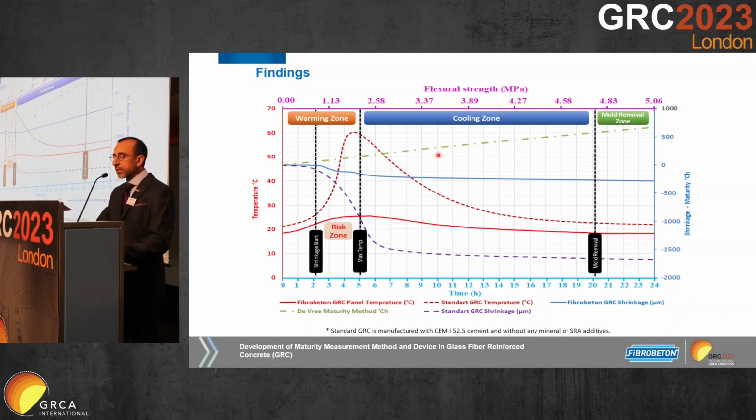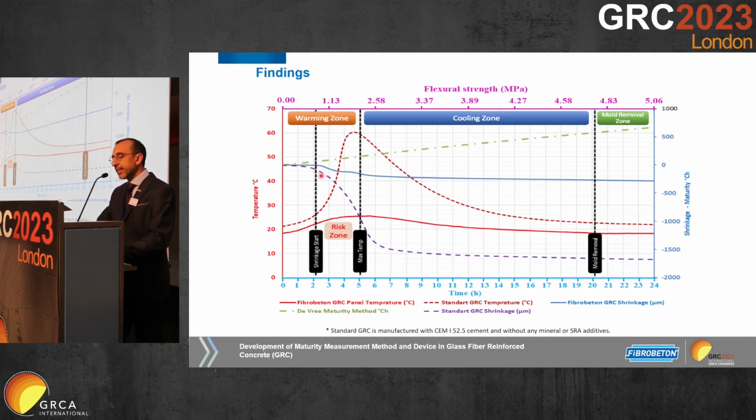If I look at this graph, let's read together. We can search for a maturity value. You can read that with a green line. And there are two different compositions. One is, let's say, our own GRC mix design. One is a regular type of GRC without using any pozzolanic additions and using CEM I 52.5 cement.